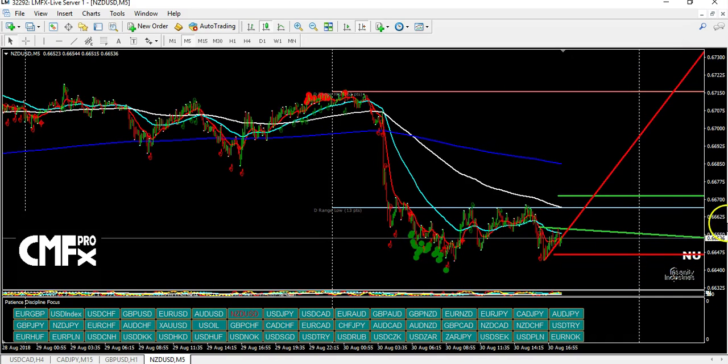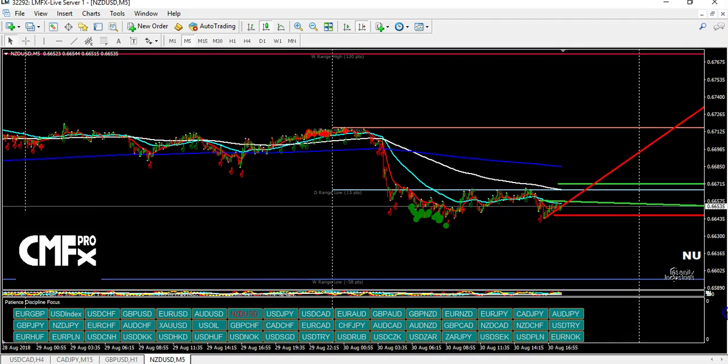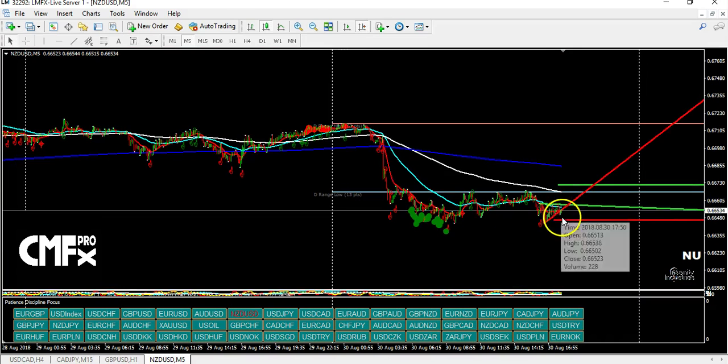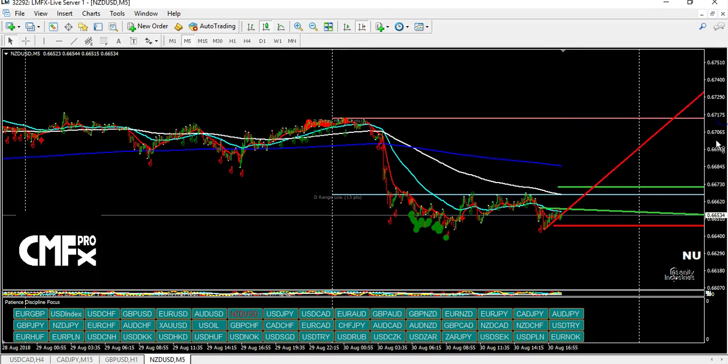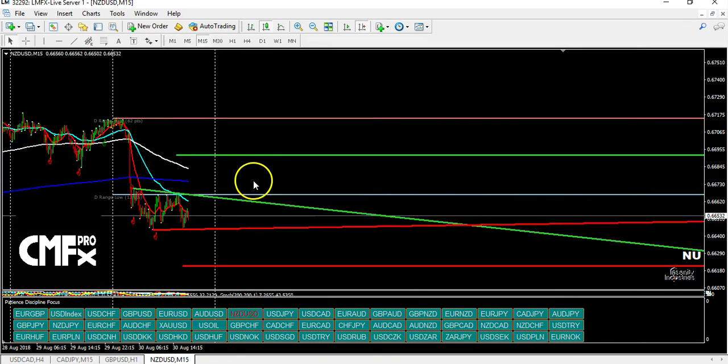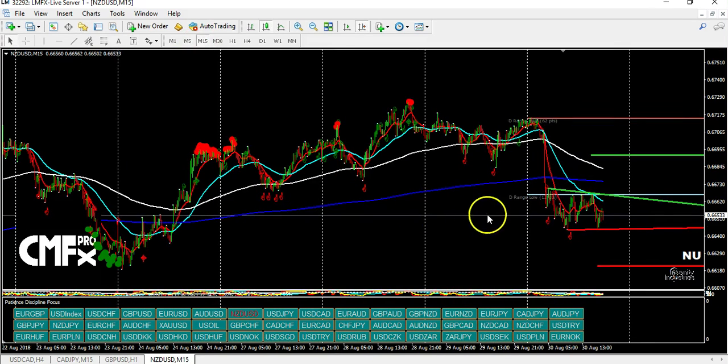We're well below day range low and pretty far above high. Where is NU going? It might try to attempt this weekly low range. It all depends on the breaking of the trend line on the M5 or M15. I'd rather see it break the trend line on M5. Or I mean M15, I'm sorry.